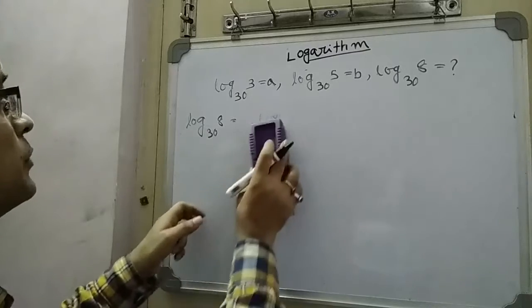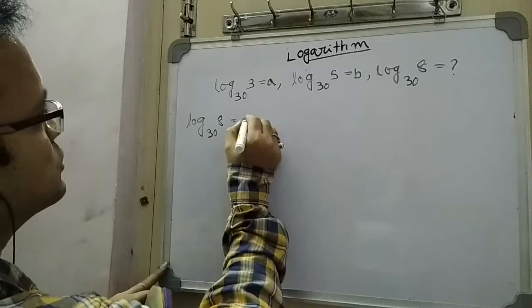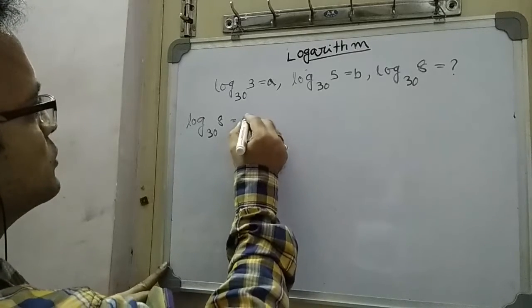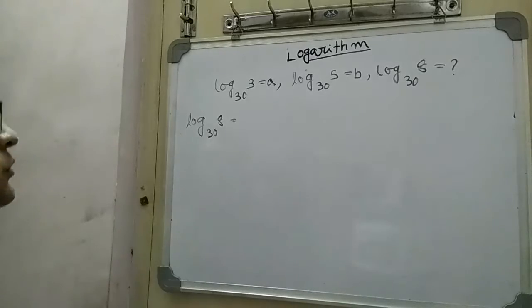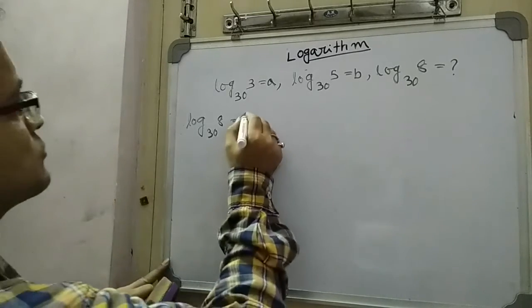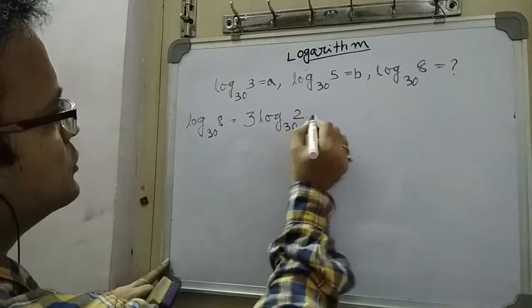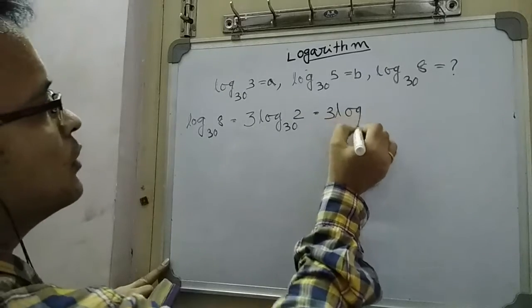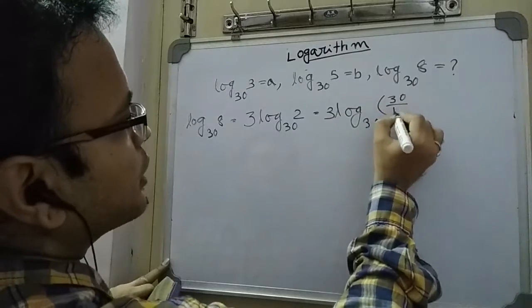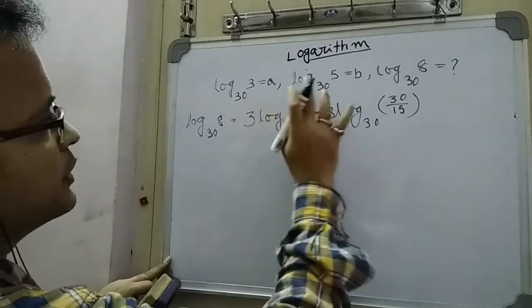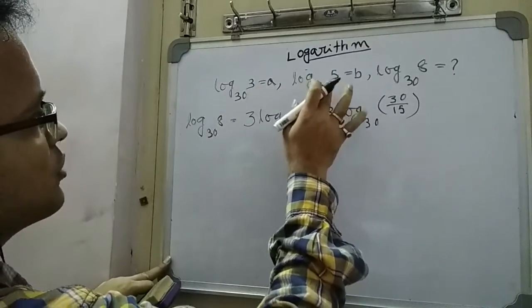8 is 2 to the power 3. Okay. So 8 becomes 2 cubed. So it will be 3 log 2 base 30. Now 2 I will break as 30 by 15, because I know I can get 15 using a, b. If I add a plus b, it will be log 3 plus log 5, log 15.